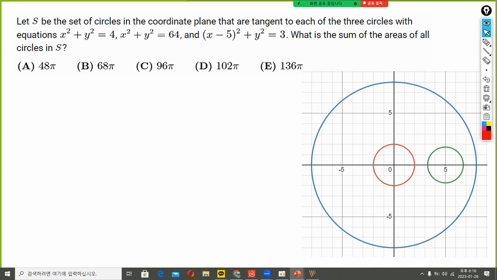So we want to make a circle tangent to all these three circles. One type of circle is like this, right? These circles are all tangent to the three circles.